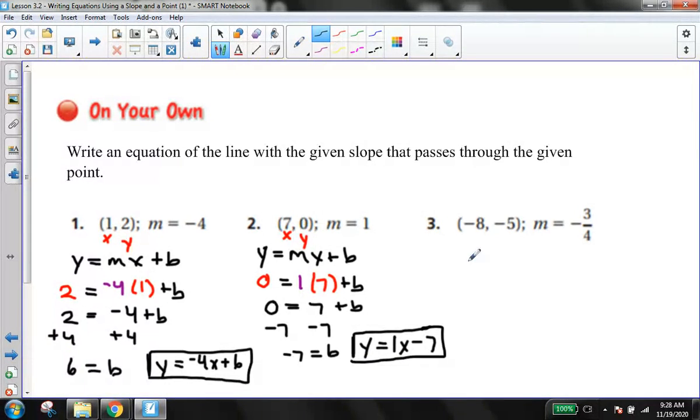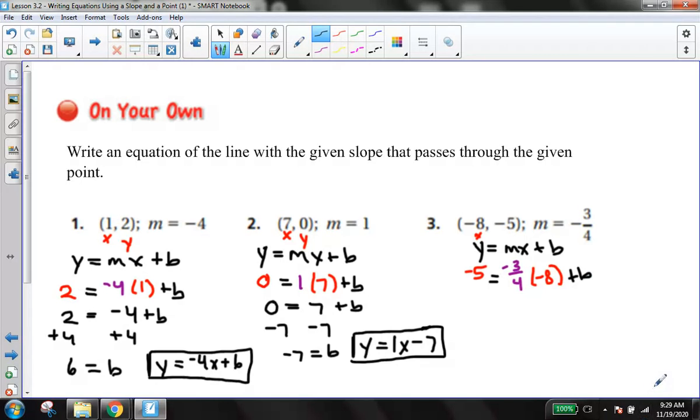All right, and for question number 3, same process, y equals mx plus b. The slope is -3/4. The x value is -8. The y value is -5. Your job is to solve for b.